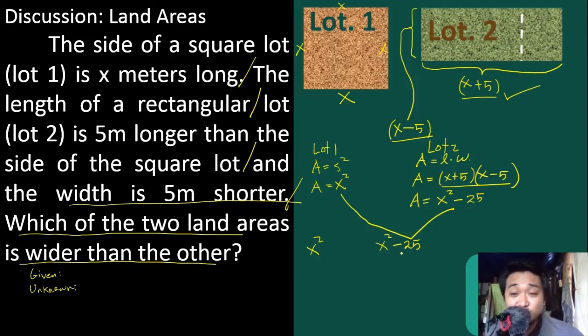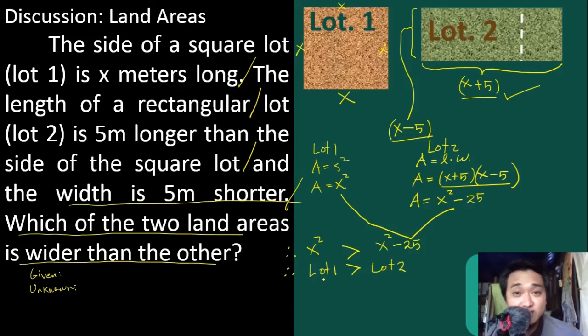But since magsusubtract pa tayo sa kabila, therefore, x squared is greater than x squared minus 25. Bakit siya mas malaki? Syempre, magmaminus ka pa ng 25. And therefore, we could further conclude that lot 1 is greater than lot 2.